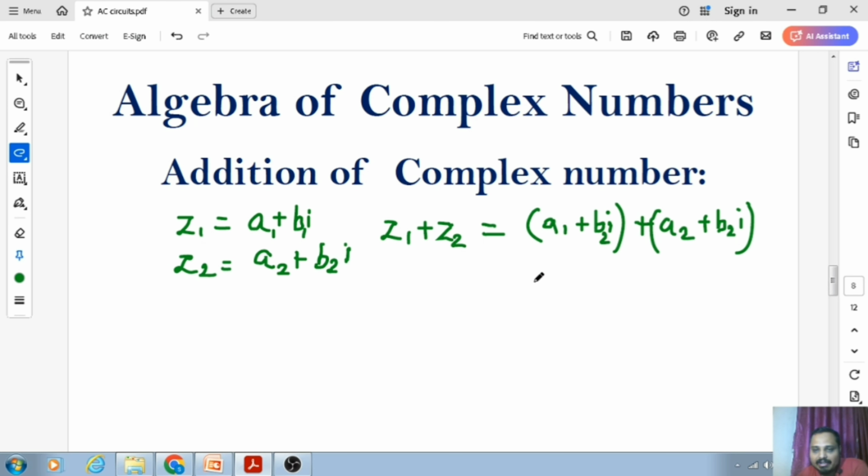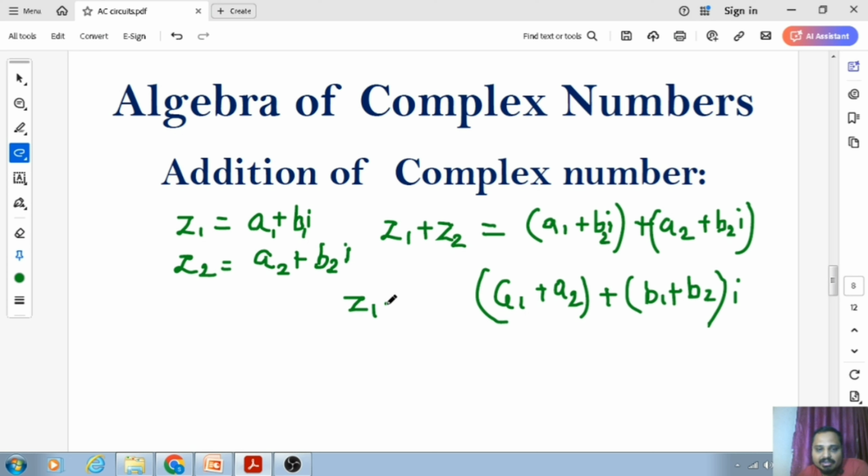So I can write (A1 plus A2) plus (B1 plus B2) times i. So this is the addition of two complex numbers. Okay, so this is how you can perform the addition of two complex numbers.